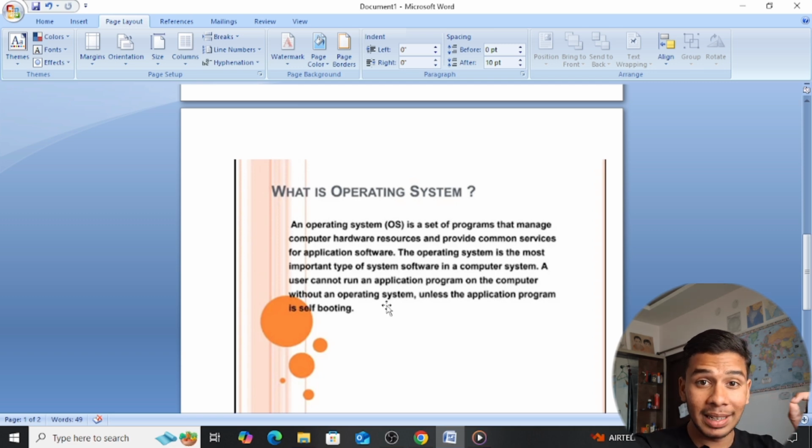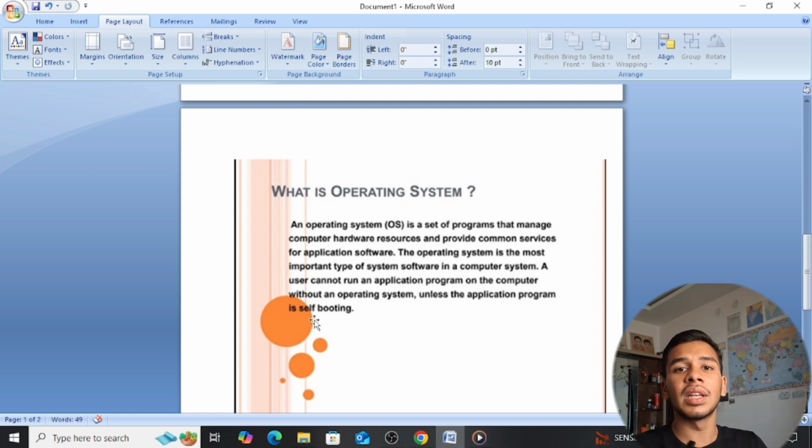We need an operating system for sure to build any application software out of your own program you write, unless your application is self-booting, which runs offline and can build by itself. If it is self-booting, then your application software does not require a particular OS, but in most cases using an OS is a must, and this can be the basic definition of OS.